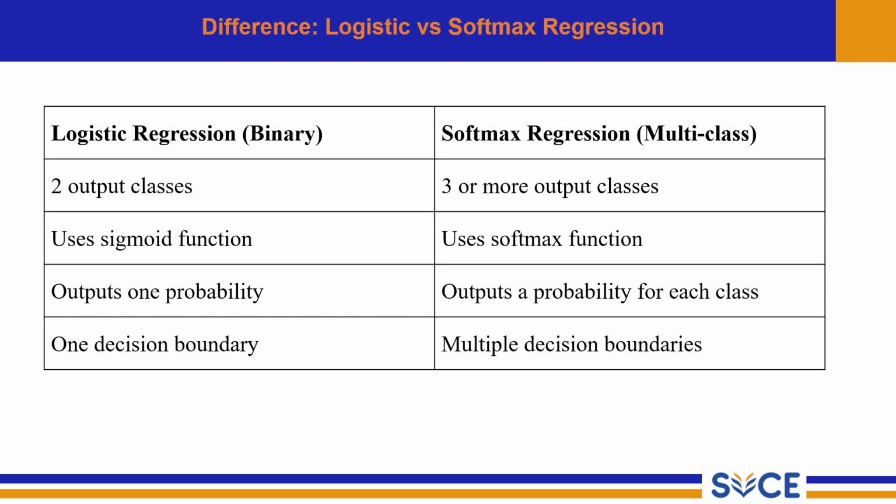Here we are dealing with multiple decision boundaries, one for each class. In short, logistic regression is your go-to for binary decisions, and softmax regression steps in when the choices go beyond two.